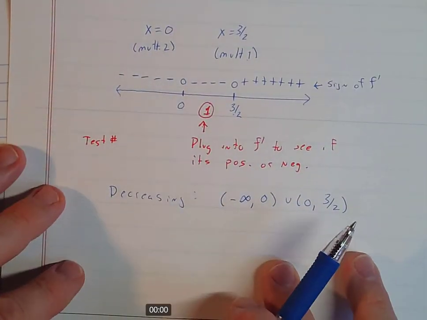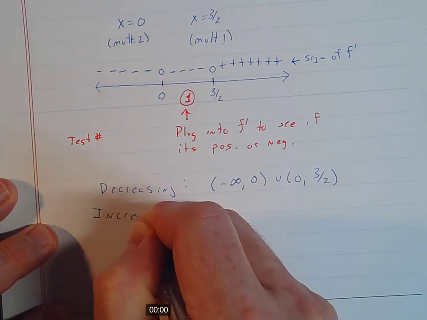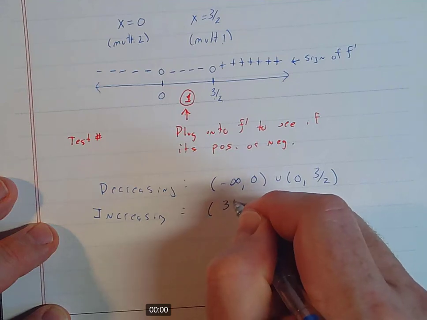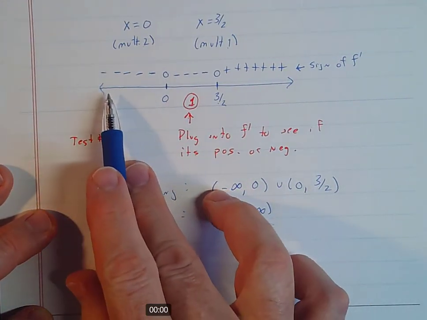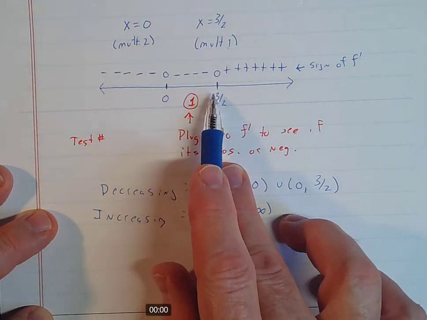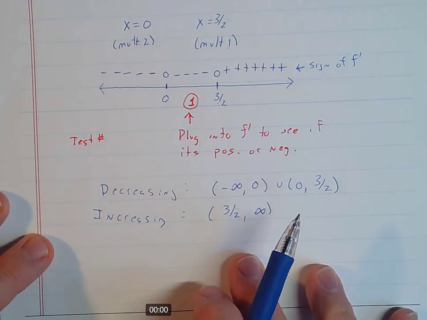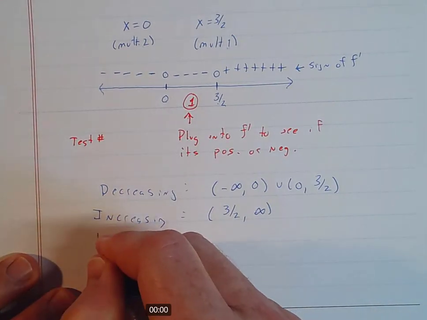This thing is increasing. Let's see, that happens from 3/2 up into infinity, right? This is your x-axis here. It looks like it's increasing from 3/2 all the way out that way. And so it's increasing there. Other information that I've got is that I know that I've got a relative min.